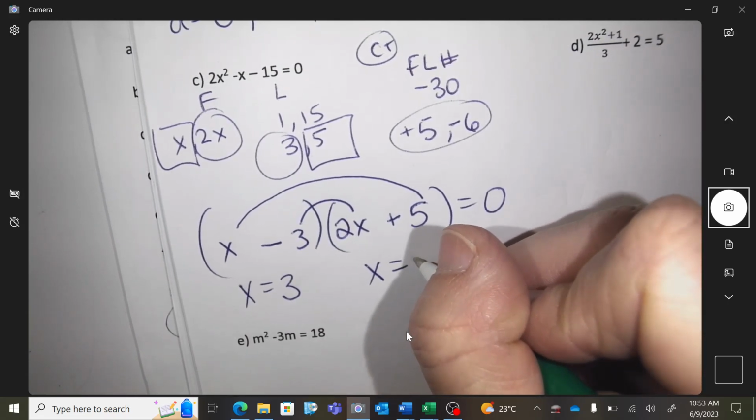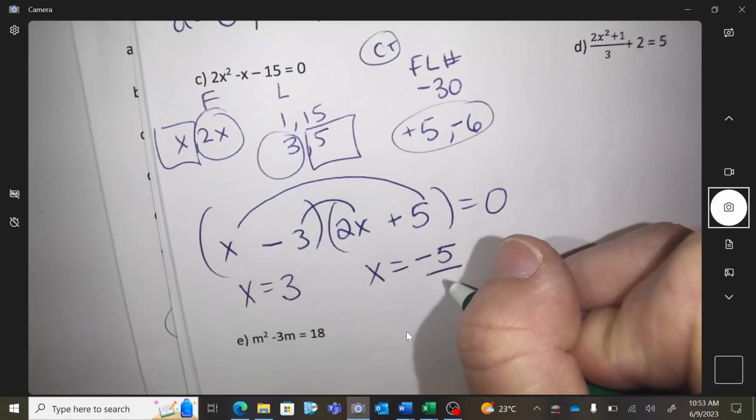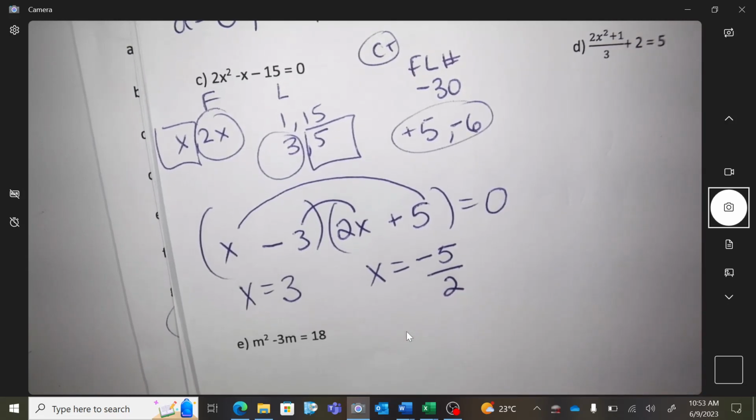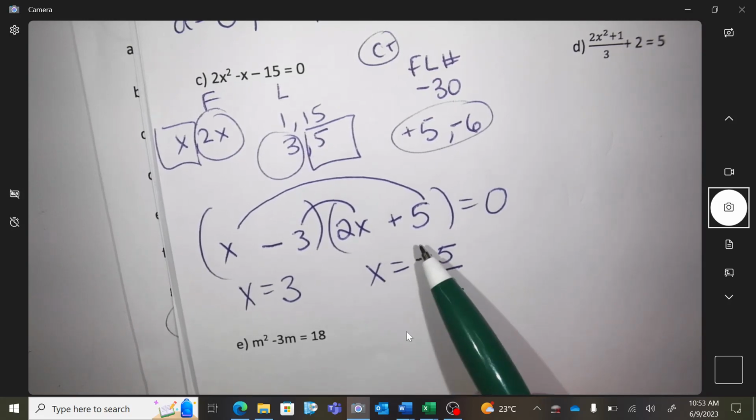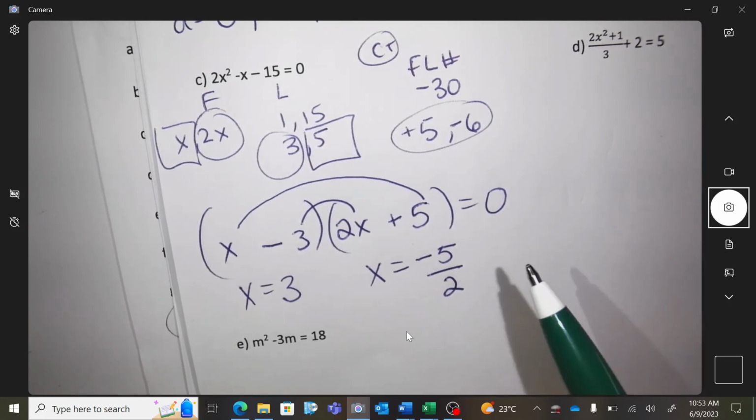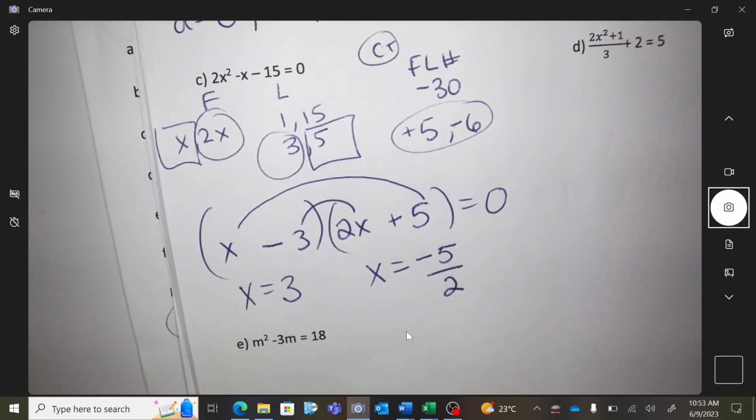Make sure you do a fraction: opposite, divide. Because that's what you're doing with algebra, right? To solve that, you would have to move 5 and divide by 2 to get x alone.